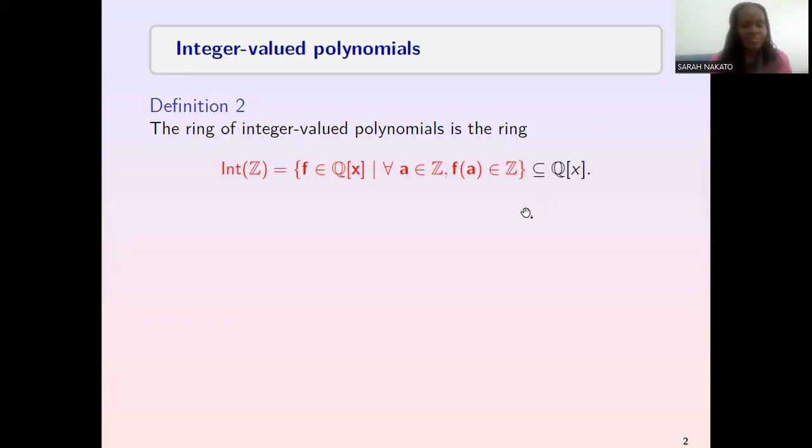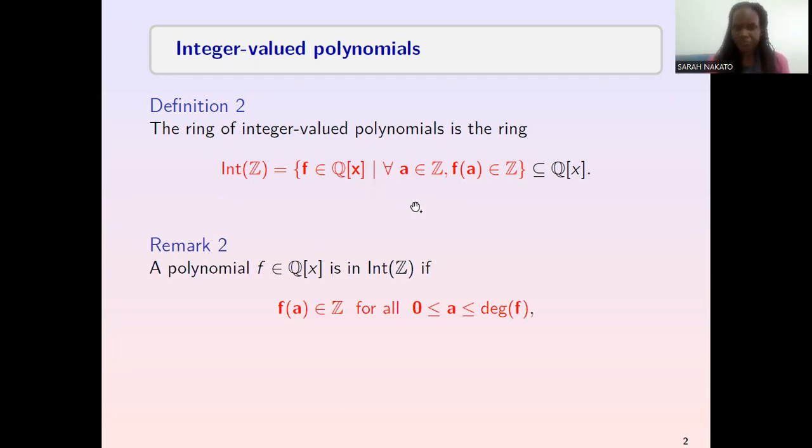So there are elements with rational coefficients, but with this special property, that when you evaluate them at an integer, what you get must be an integer. So Int(Z) is very special. More generally, for an arbitrary domain, you have to check on all elements, but for Int(Z), you don't have to check on all integers.